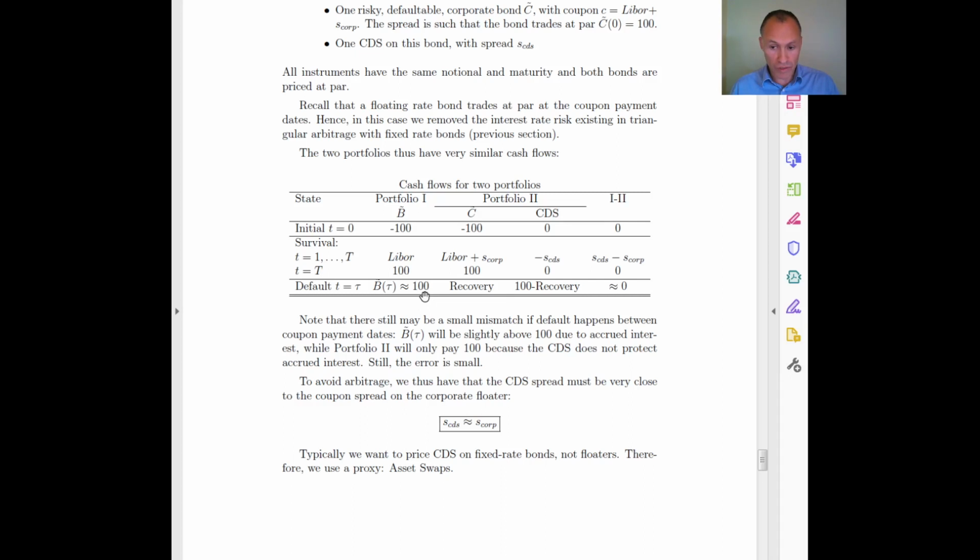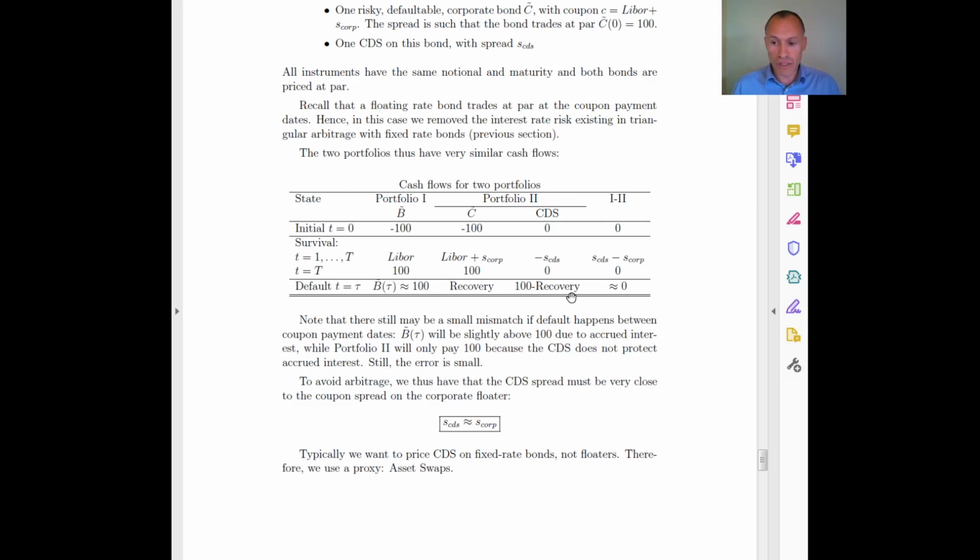If you recall floating rate bonds, the whole point of a floating rate bond is to make the price more stable, right? So this does not need to be exactly 100, but it will be closer to 100 than a fixed rate bond, okay? So we are stressing here that it will be closer to 100.